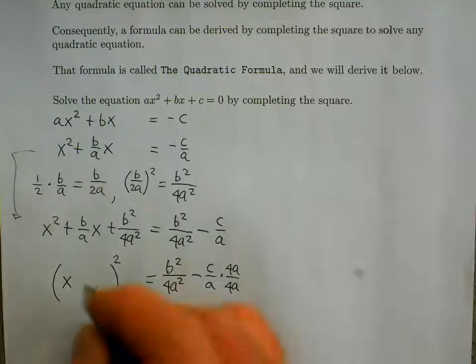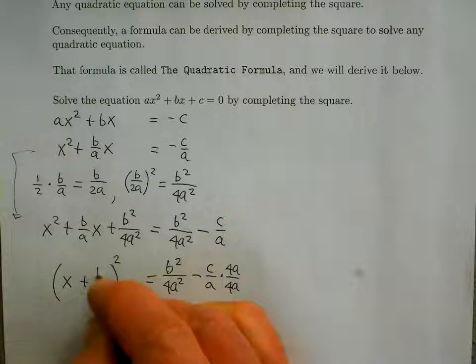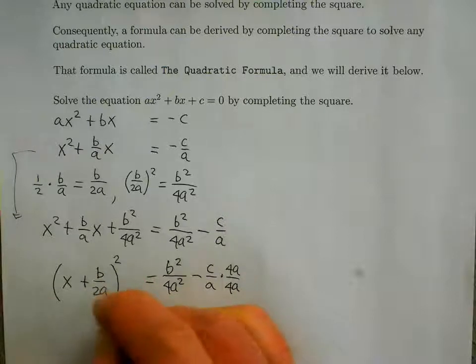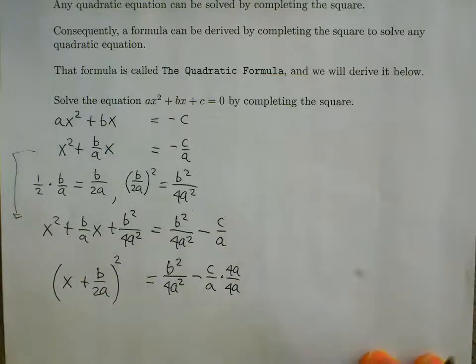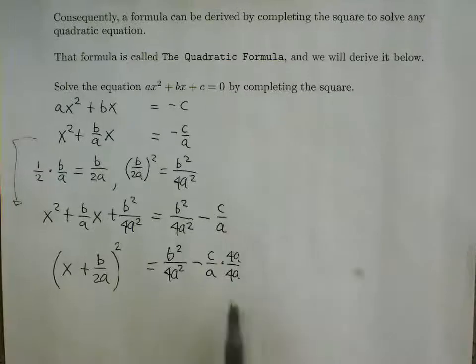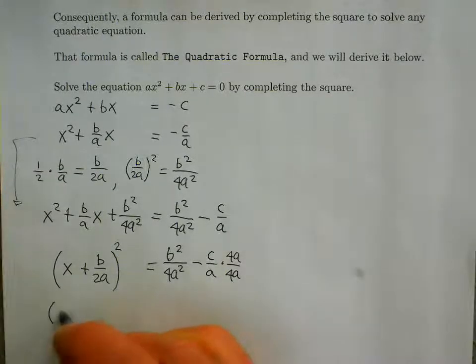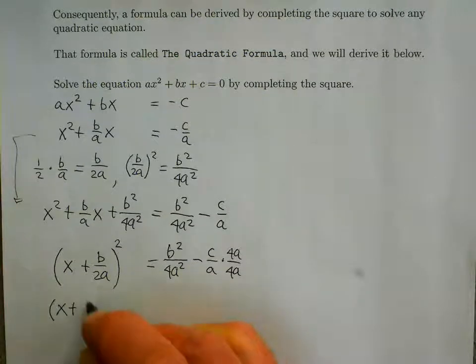So we're going to add b over 2a. We'll simplify the right-hand side a little bit more. So the left-hand side stays the way it is for now, x plus b over 2a quantity squared.